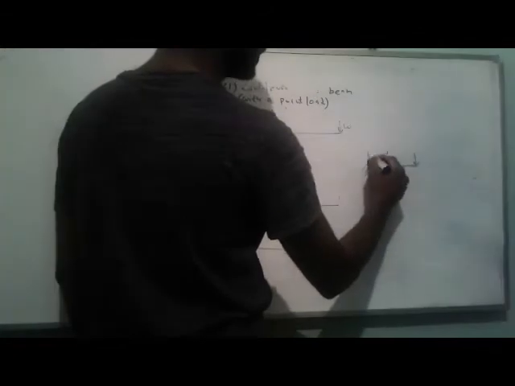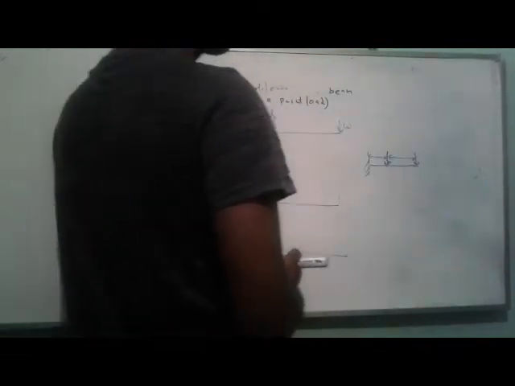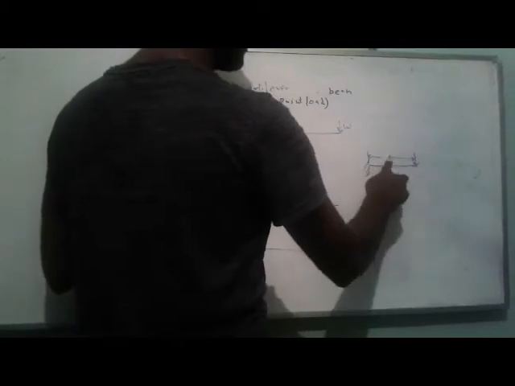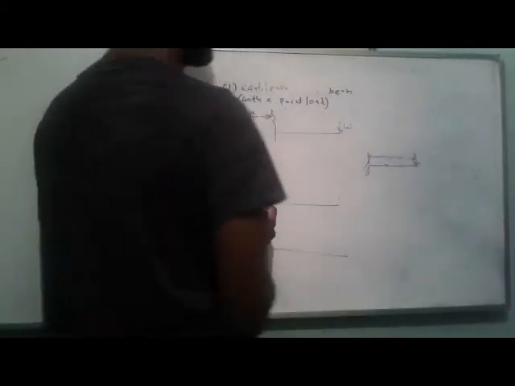You have to divide the beam into two sections, and then find the shear force and bending moment diagram. But here there is no middle load, therefore you can consider this whole length together. So let's consider this total length.